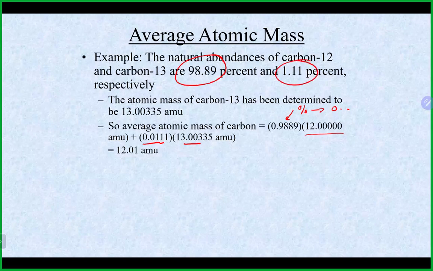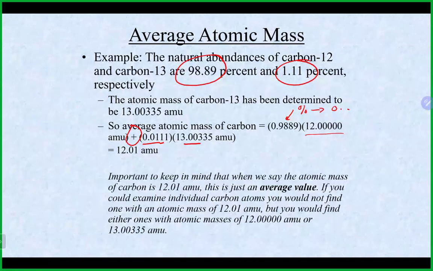It may not be perfectly 100, but it should be pretty close. Otherwise, you are missing something. Once again, it is an addition here, not a multiplication. And we are going to get something like 12.01, which is what we see on the periodic table underneath carbon.